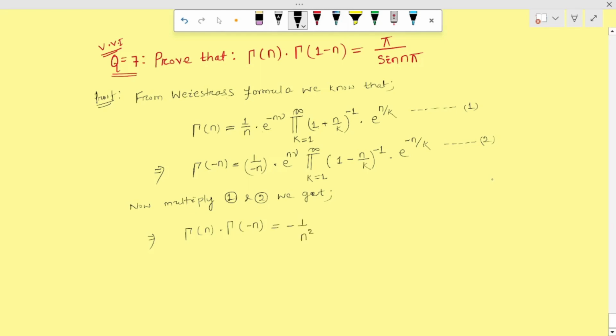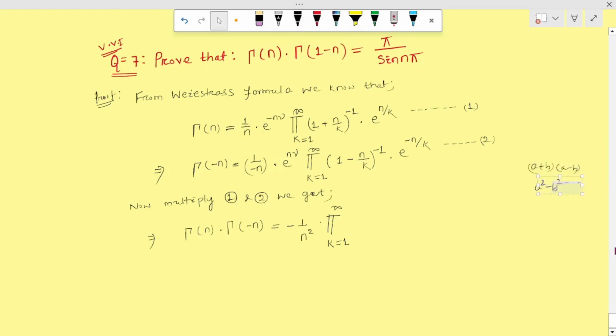And here you can see e to the power minus gamma n and e to the power plus gamma n, so e to the 0, which means 1. Then the product from k equal to 1, here 1 plus and 1 minus, so we can apply the a plus b into a minus b formula. So it will be a square minus b square, right?